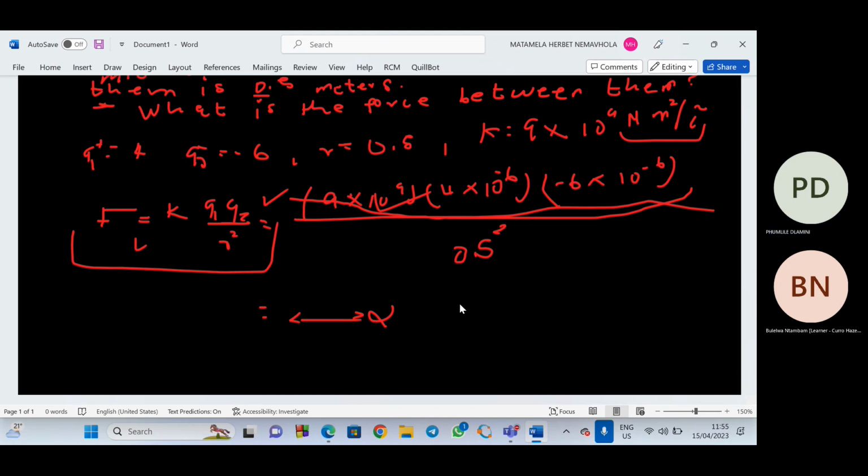So we did an example based on Coulomb's law, the formula. We also talked about, okay, just give me one minute. You don't have to drop. I'm just checking something quickly.